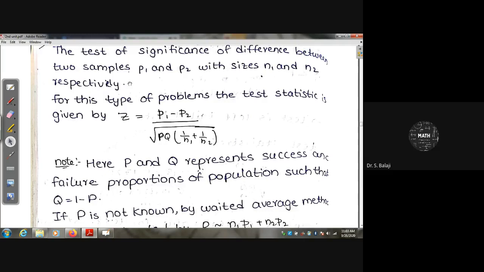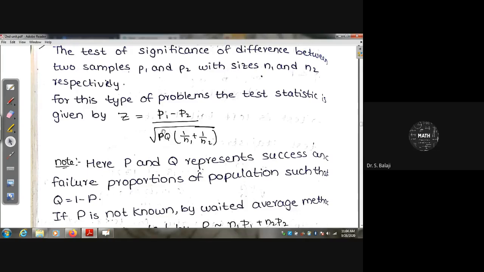For this type of test, as in the previous discussion, we can derive the test statistic to check whether there is any significant difference between P1 and P2. It is given by Z equal to P1 minus P2 over the square root of PQ times 1 by N1 plus 1 by N2.